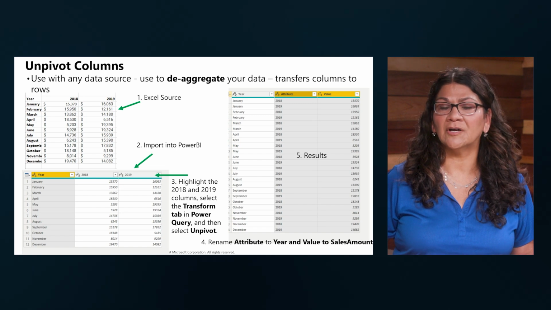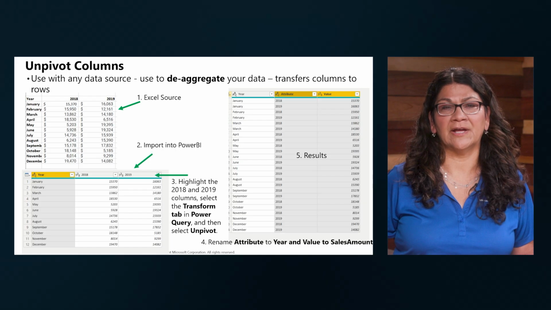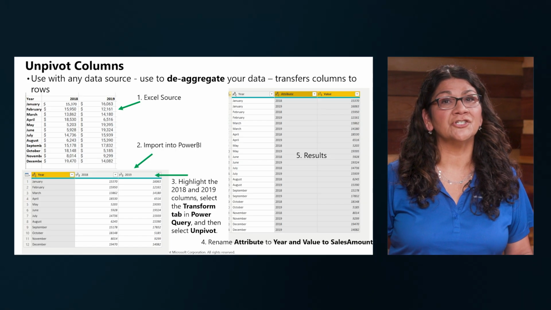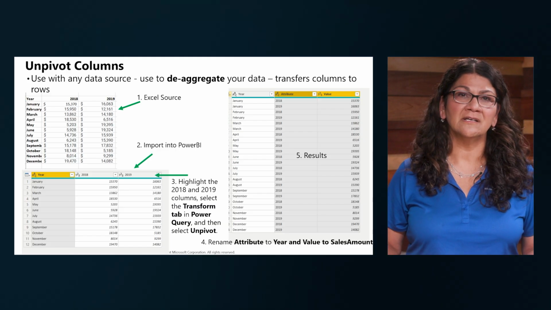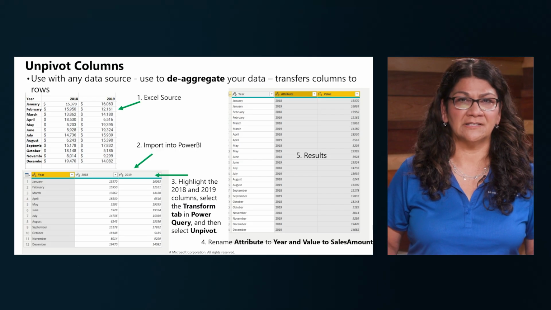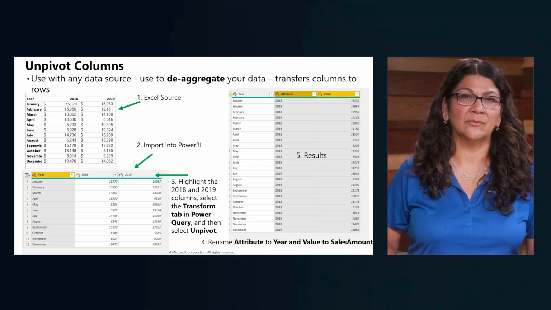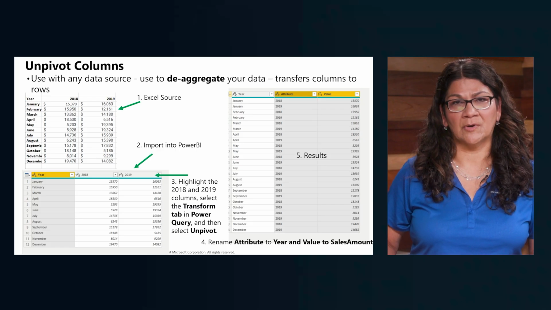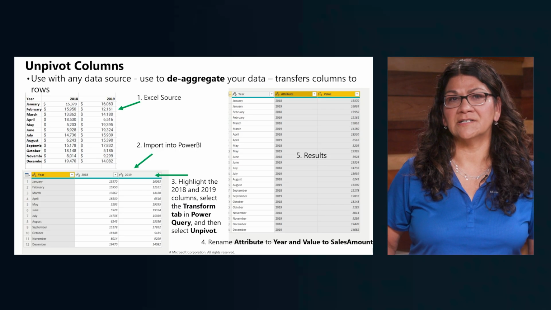When we unpivot our results, now we take the one record January 2018 and 2019, and it turns into 2 records in our results. Same thing for February's sales amounts for 2018 and 19. One record in the original on the left is now 2 records in the results on the right, deaggregating our data.